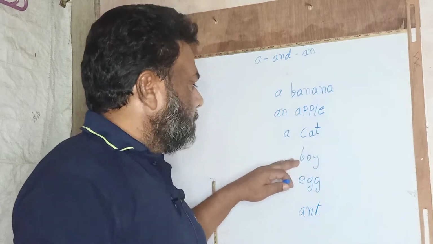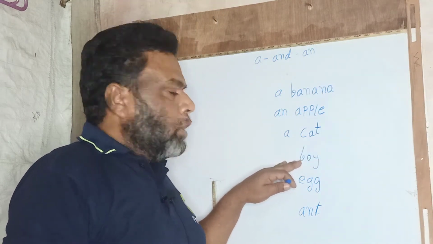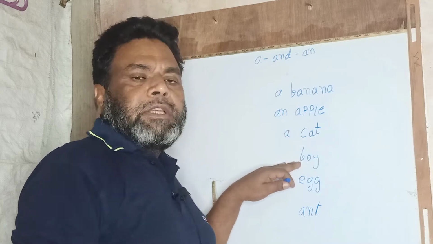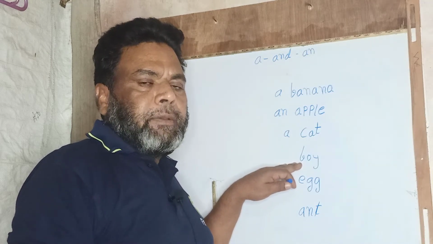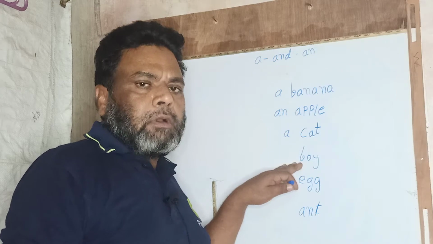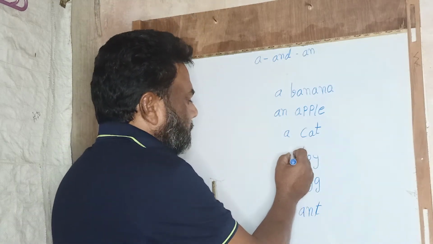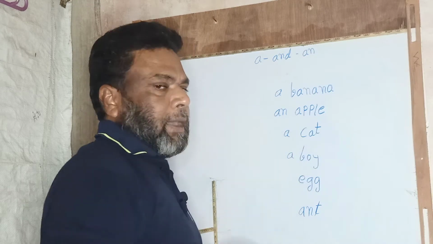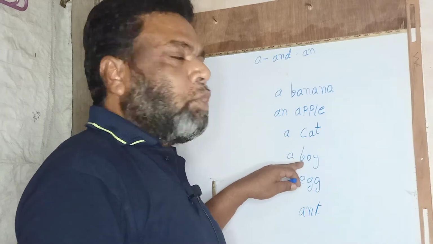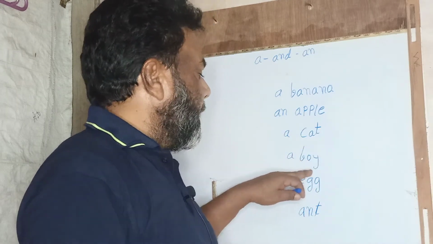And next one, boy. Boy starts with B. B is also a consonant, so here we use a boy, a boy.